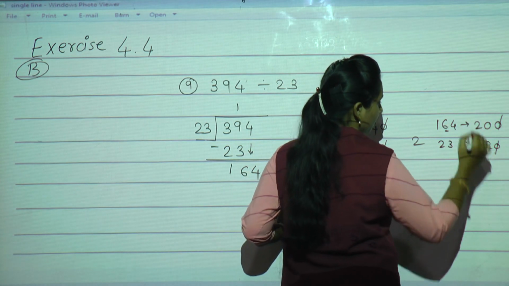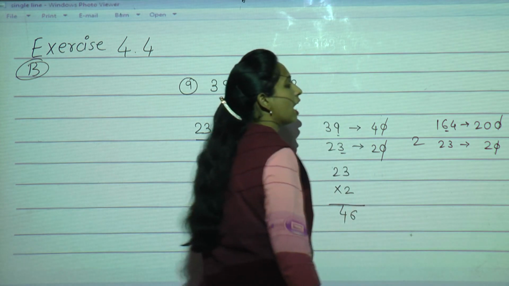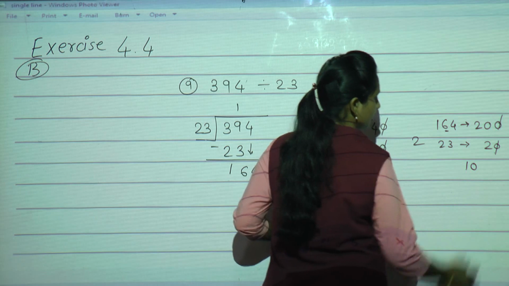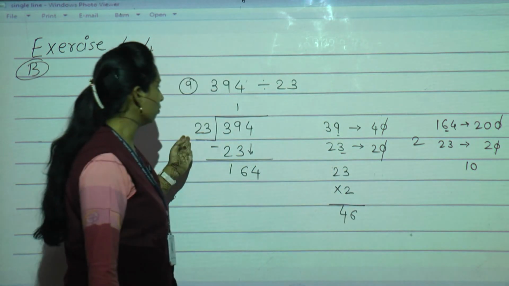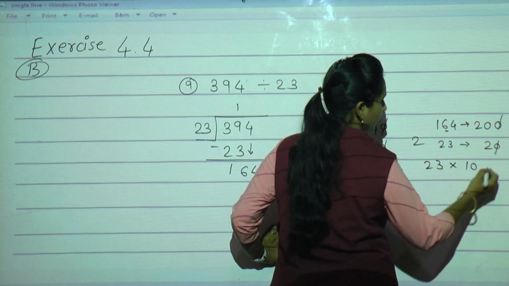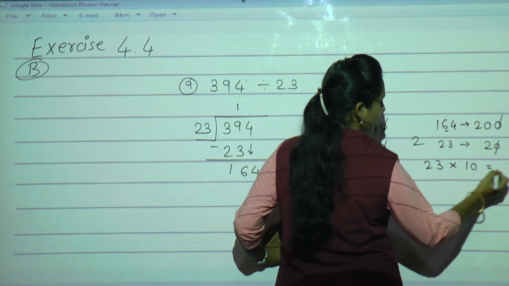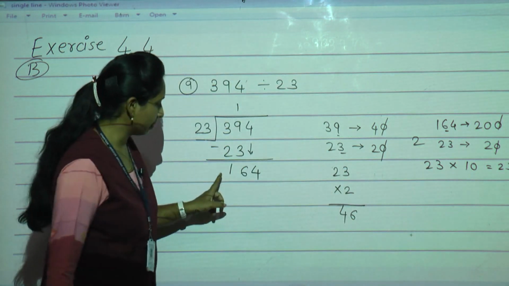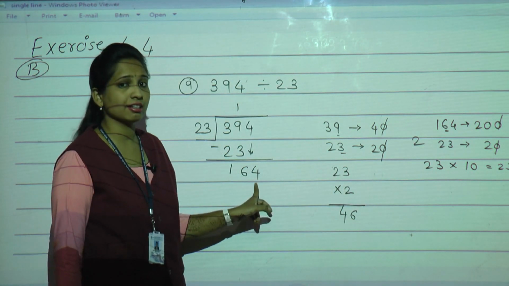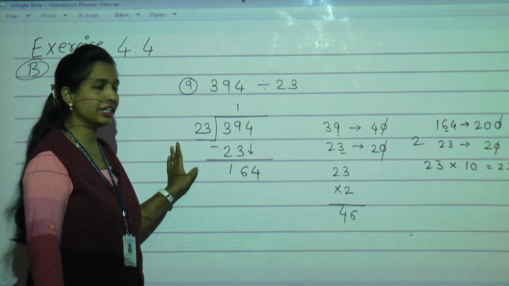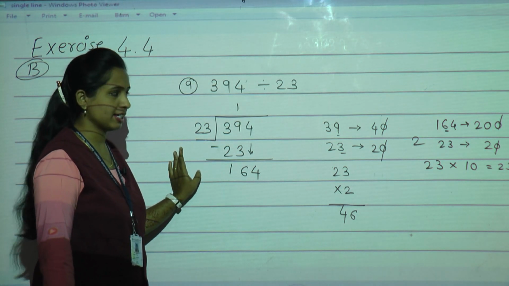So cross the zeros, 1 0 1 0. How many times does 2 go into 20, students? 10 times, isn't it? But if we go with the actual number 23, what will come? Very simple. 23 ones are 23, 0 as it is. 230. But what we are trying to see is what is less than 164, whether 164 goes from 23.